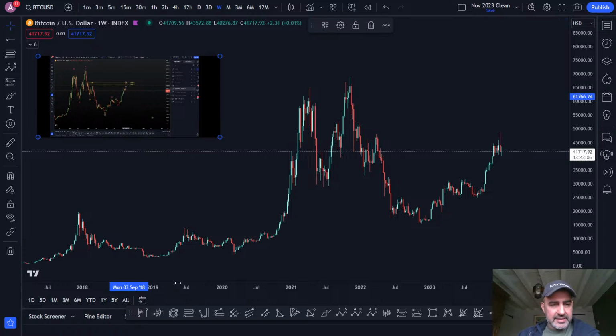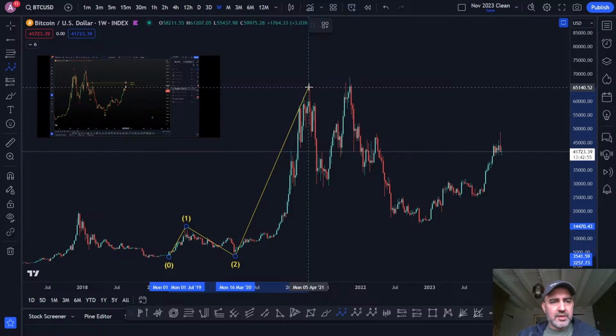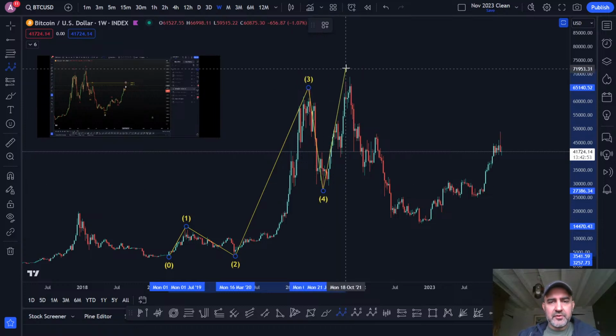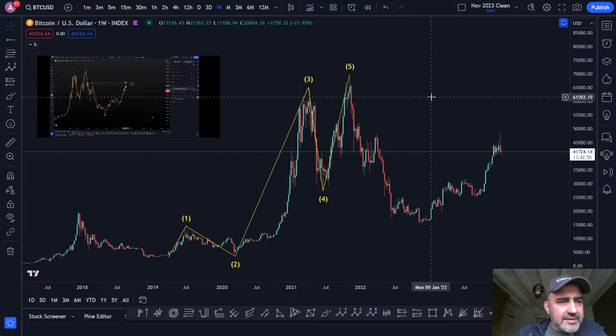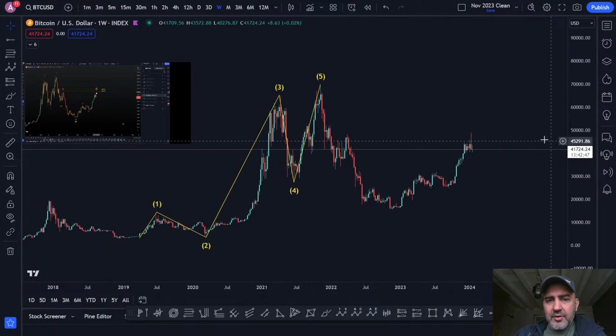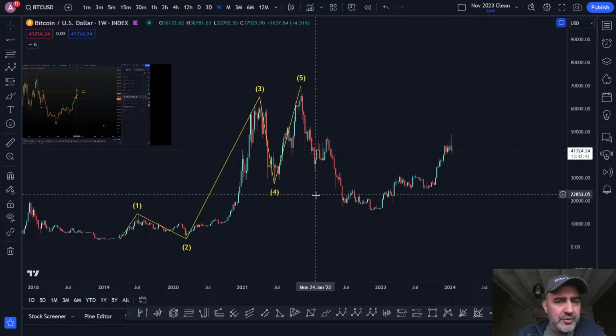So he's saying, just roughly, that's the 1 to the 2, that was the 3, that was the 4, that was the 5. So he was saying that's that, and now he's contemplating a corrective move.